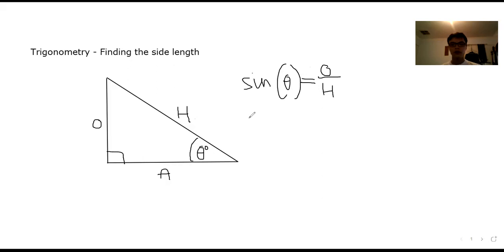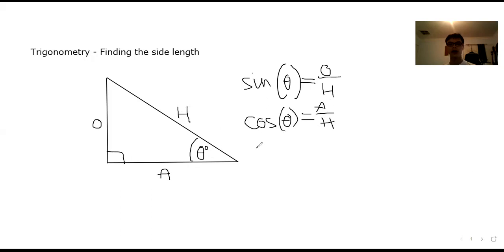We also have cos theta. The formula for cos theta is the adjacent side, the bottom side length right next to the angle, divided by the hypotenuse.